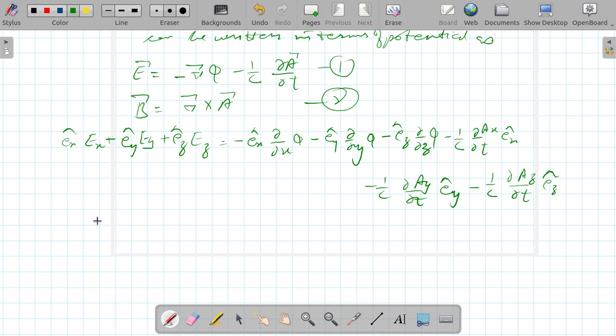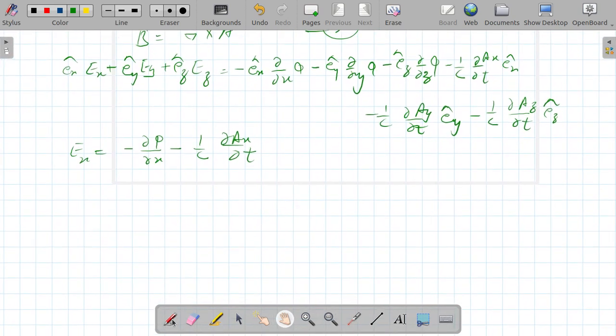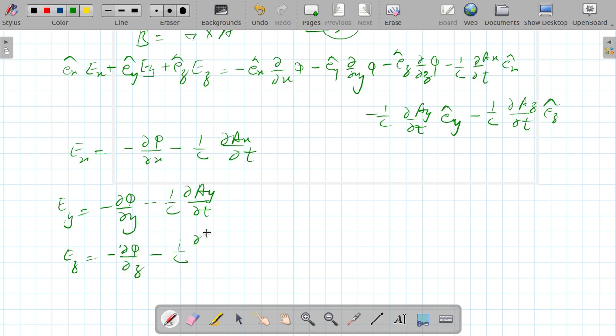So that means their components can be expressed as Ex is equal to minus ∂phi/∂x minus 1 by c ∂Ax/∂t, and Ey is equal to minus ∂phi/∂y minus 1 by c ∂Ay/∂t, and Ez is equal to minus ∂phi/∂z minus 1 by c ∂Az/∂t.